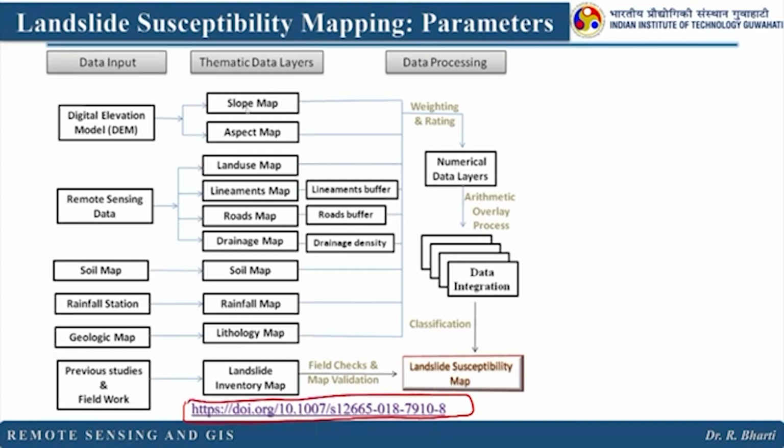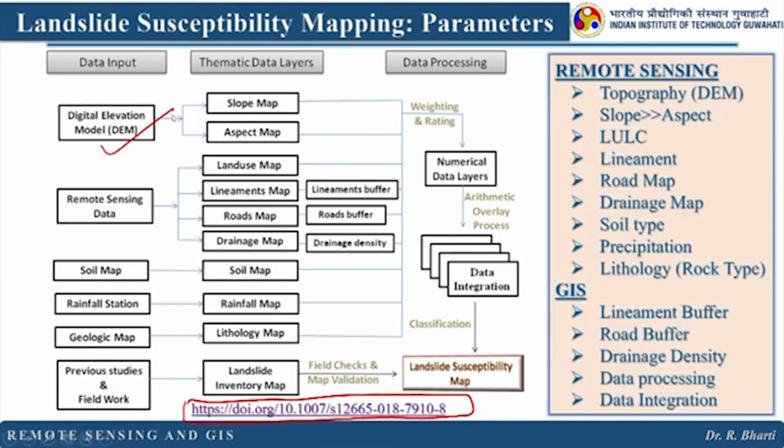Here you can see different parameters have been used, like digital elevation, which is a product from remote sensing and GIS. From remote sensing you can derive topography from DEM, slope and aspect, land use, land cover, lineament, road map, drainage map, soil map, precipitation, lithology. From GIS, lineament buffer, road buffer, drainage density, data processing, data integration.